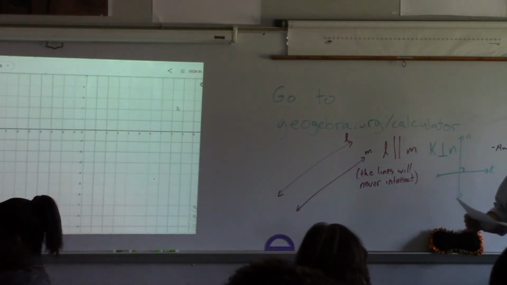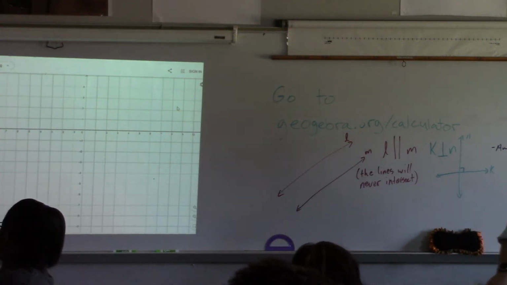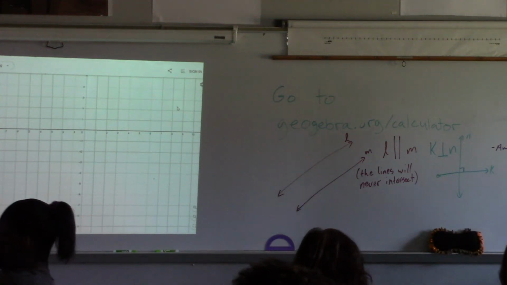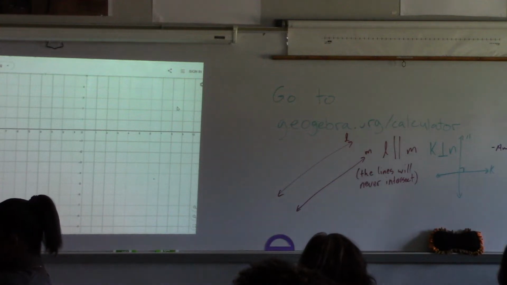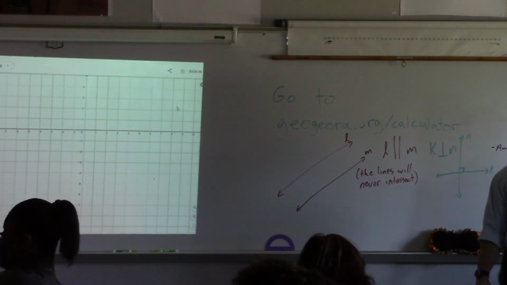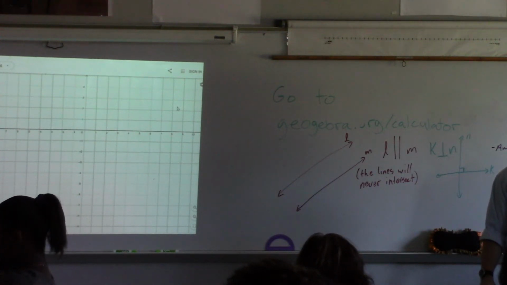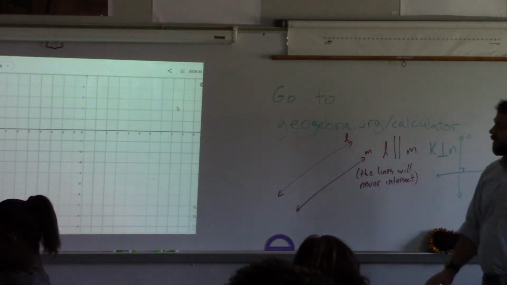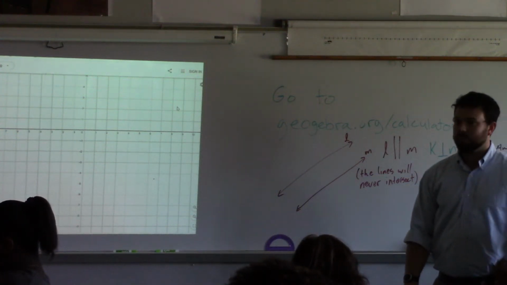So click on the settings, go to show grid, and then go to major grid lines. That way you don't have 1,000 little lines going through the entire thing. Does anybody need me to walk you back through what to do there? We good? Okay.